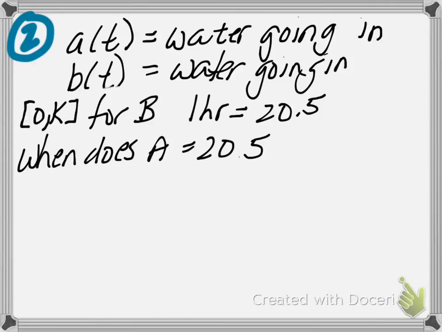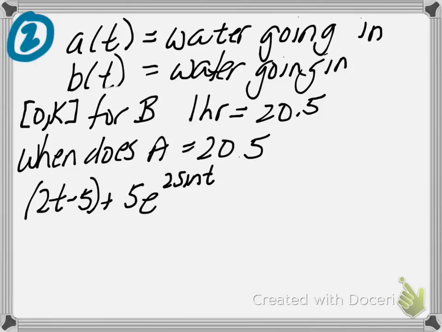So we know that A of t is this. The question is, when is that going to be equal to 20.5? So you're going to use your calculator. You're going to subtract 20.5 on each side, and you will get this. This is like television magic, right?